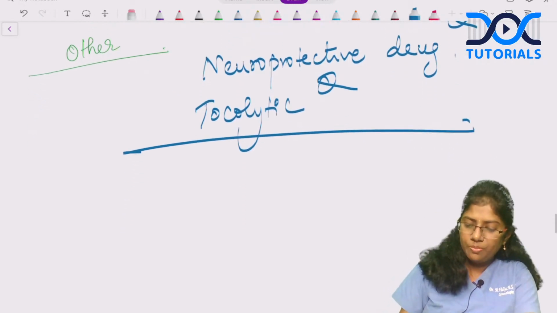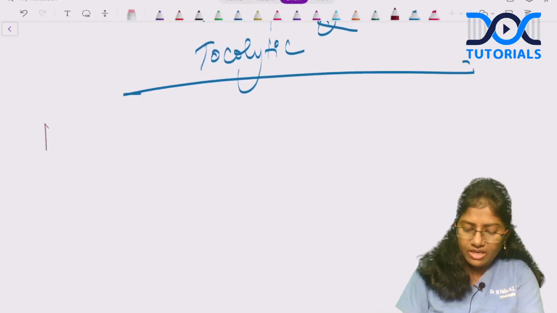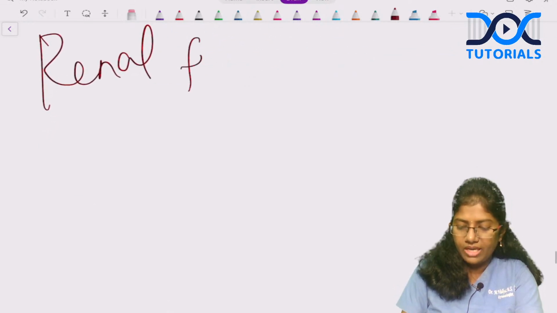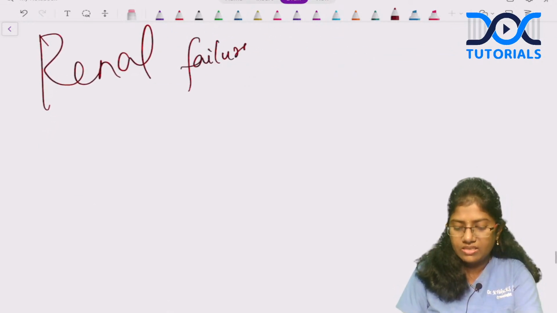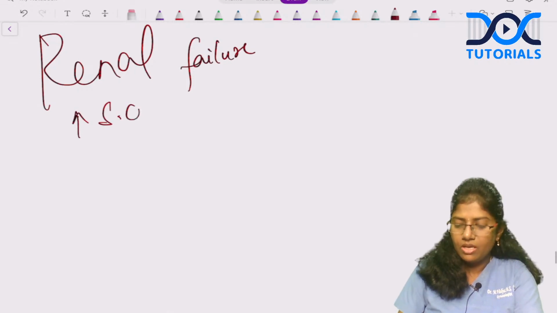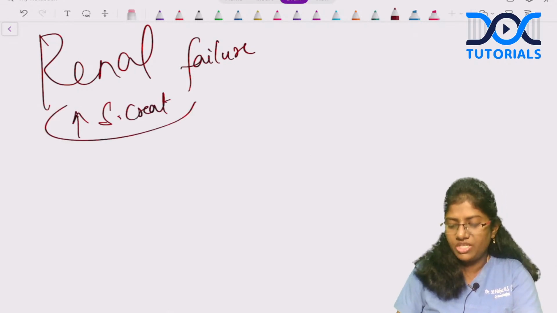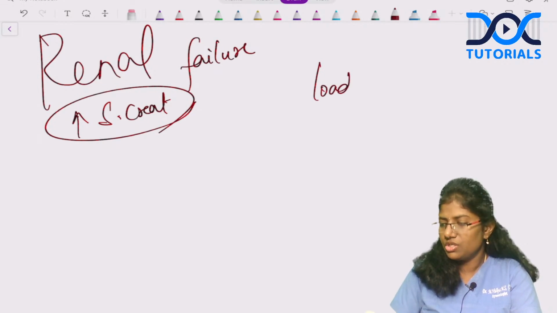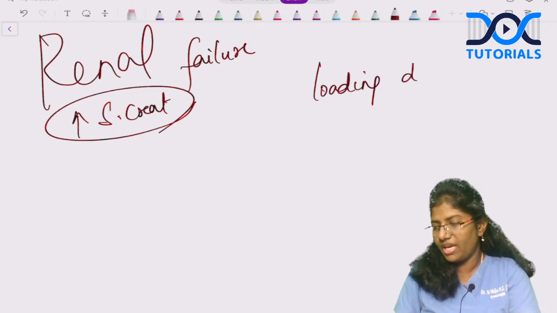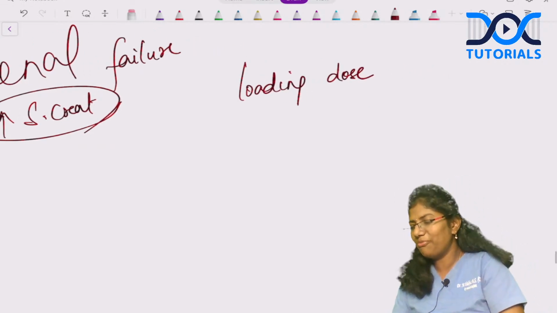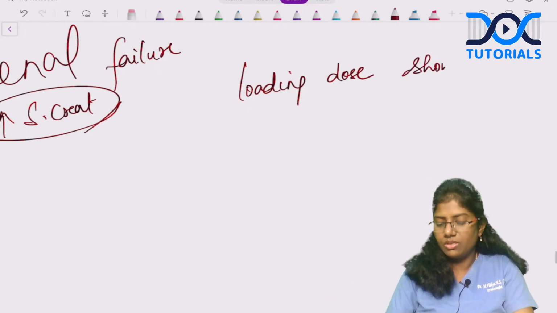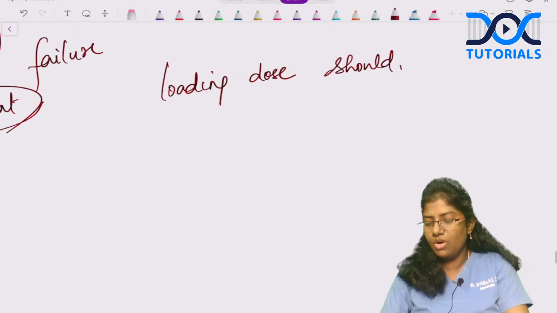Okay. So, in case of renal failure or in case of increased serum creatinine, loading dose should not be changed. Okay, what I mean regarding the dose, I am asking you how much you will give.